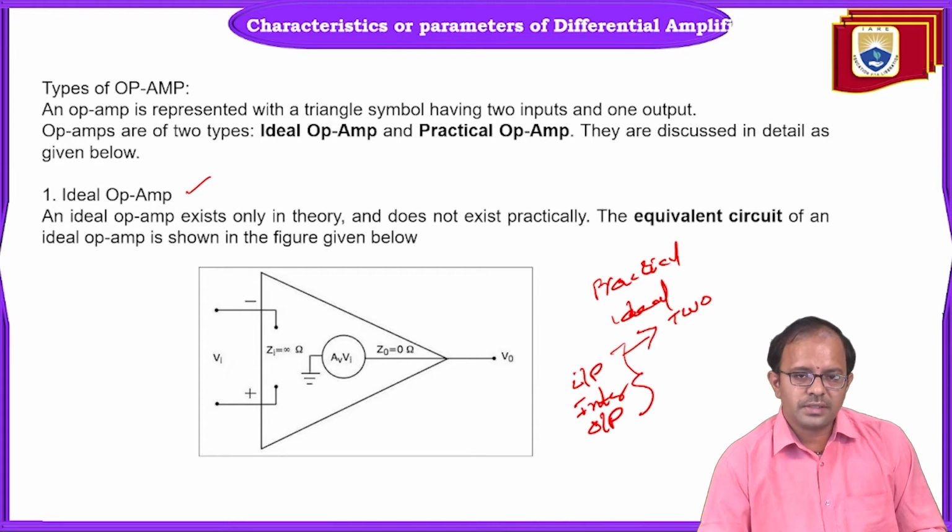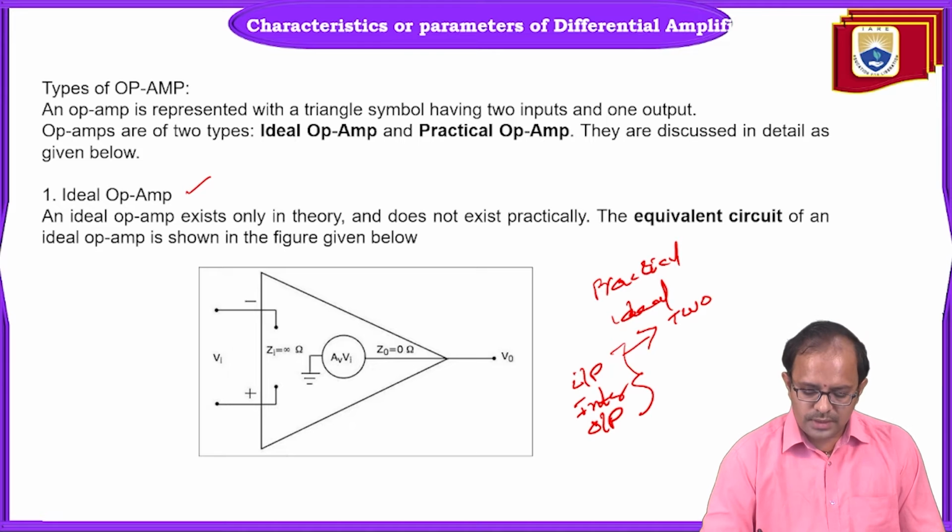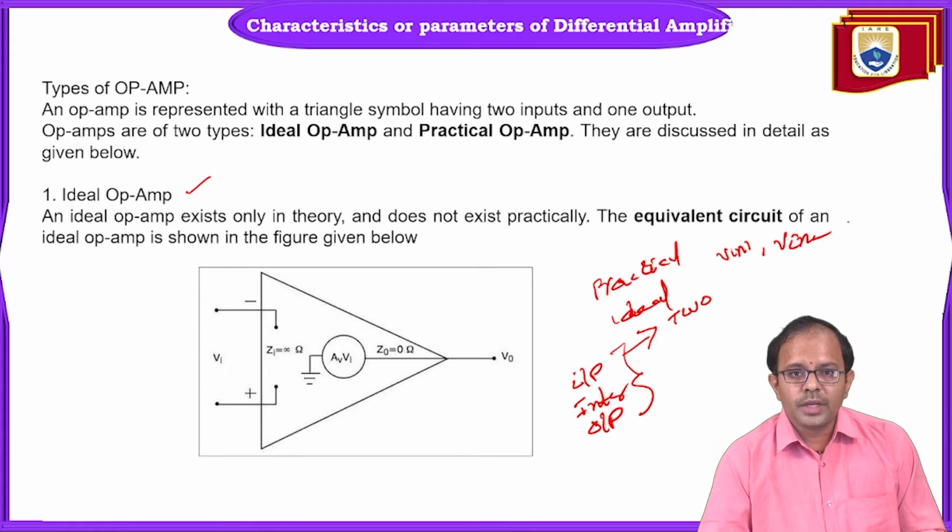That is the difference of the two transistors. We provide two input signals, one is Vin1 and the other is Vin2.